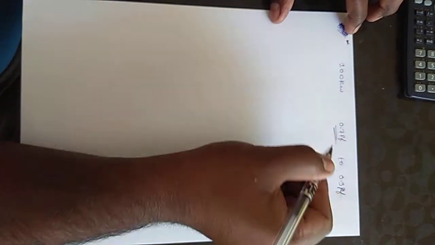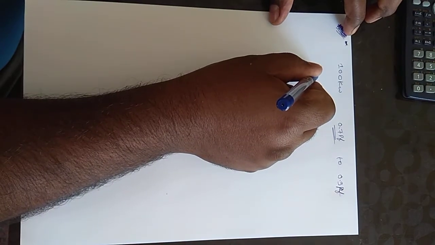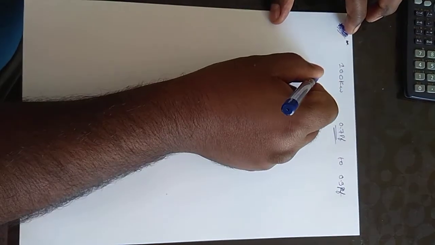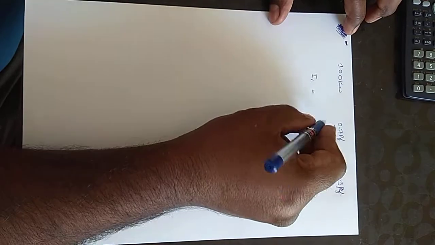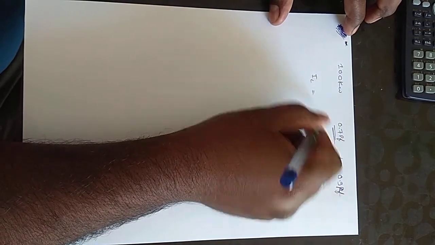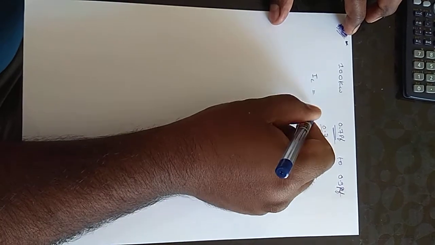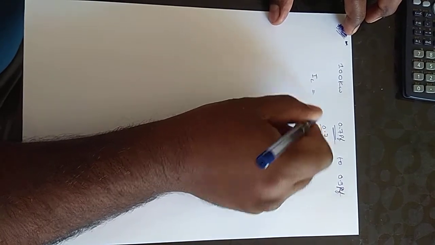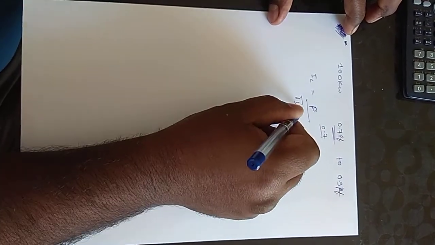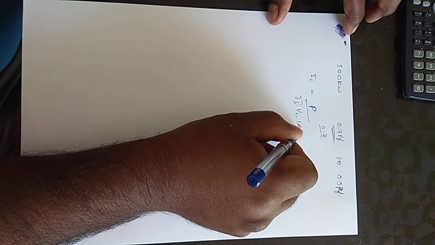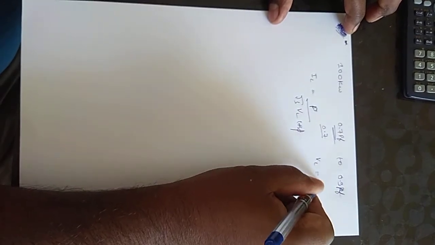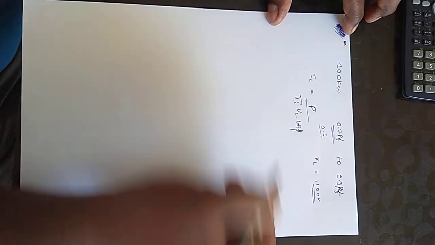Now the first thing we have to do is calculate the IL for this particular motor at 0.7 power factor. That is power divided by root 3 into VL into cos phi, and VL is equal to 1100 volts.